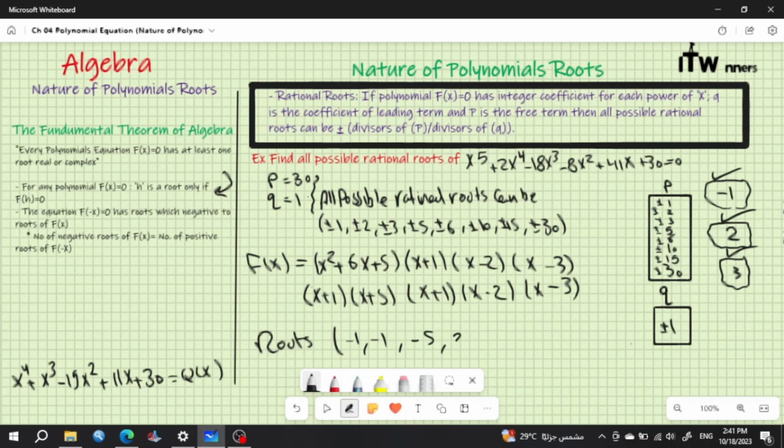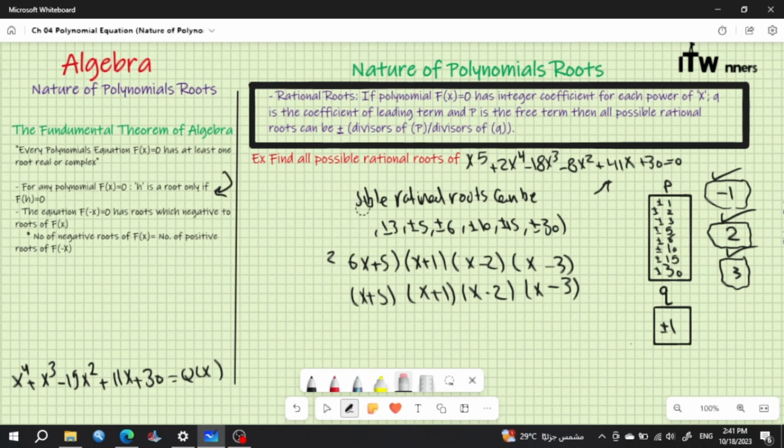Here we have 2 and 3. Okay, these are the roots of this equation. Okay, so just clear this and move to another example on rational roots of polynomial equation.